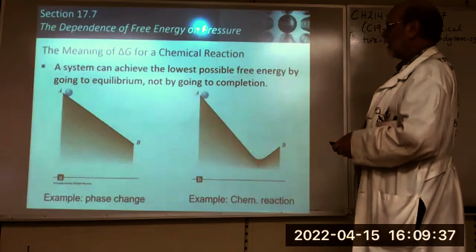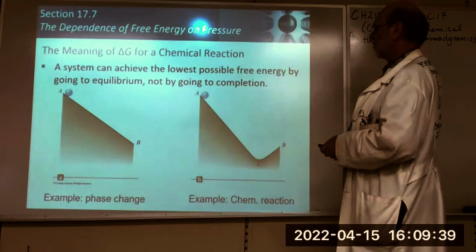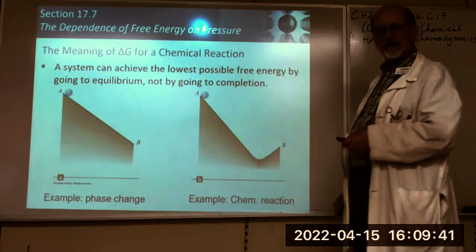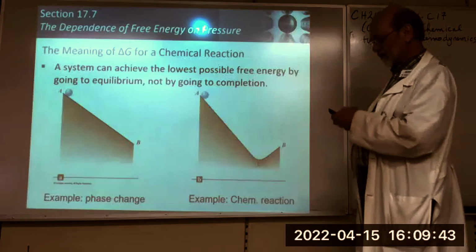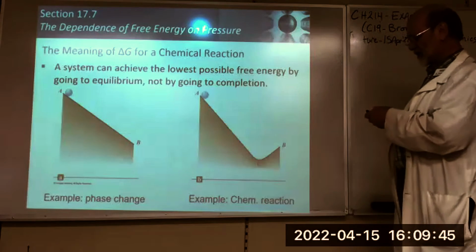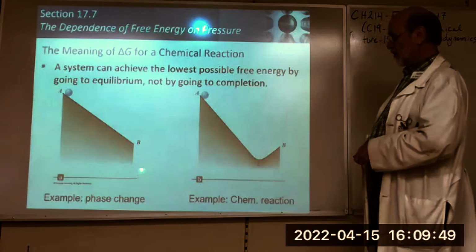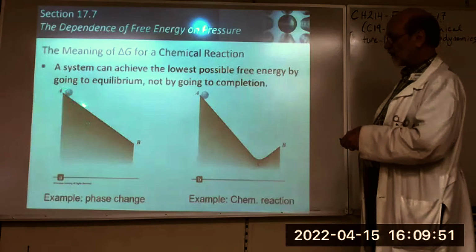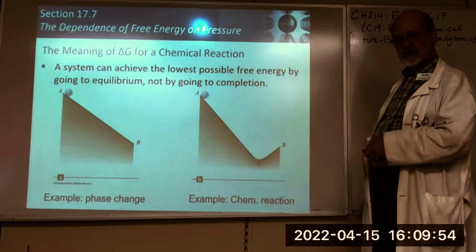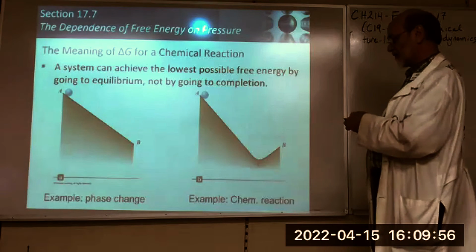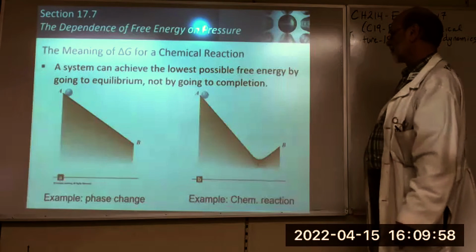So for, let's see. What does delta G mean for a chemical reaction? Well, first we have to discuss delta G in terms of phase change. So a phase change is like a ball rolling down from A to B. There's no interruption in the process. It just goes there.